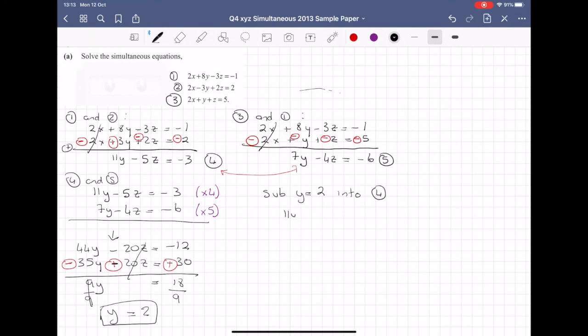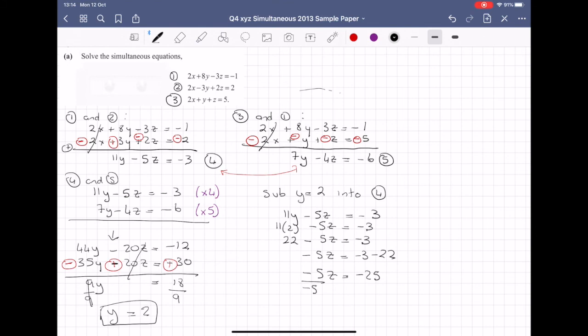So I have 11y minus 5z being equal to minus 3. Sub in the y being 2, so that I have 11 by 2 minus 5z being equal to minus 3. 11 2s are 22 minus 5z is equal to minus 3, minus 22, minus 5z is equal to minus 25.